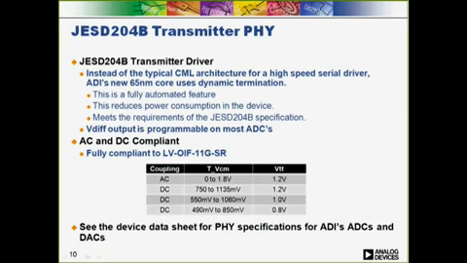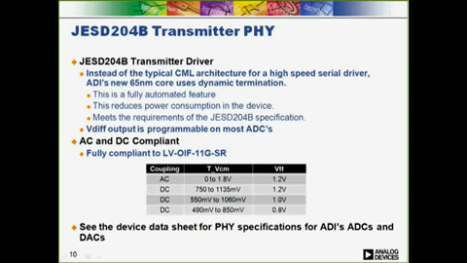Okay, while the JESD204B spec specifically mentions the suitability of using current mode logic drivers for JESD204B transmitters, most of ADI ADCs use a voltage mode driver architecture called dynamic termination. The advantage of this architecture is that it uses 75% less power while still meeting the requirements of JESD204B.